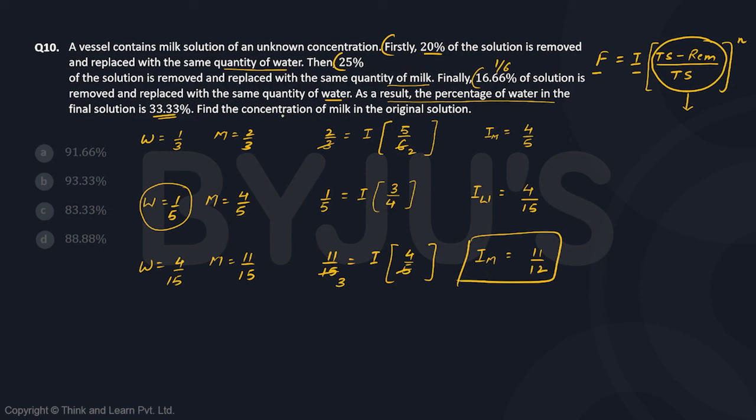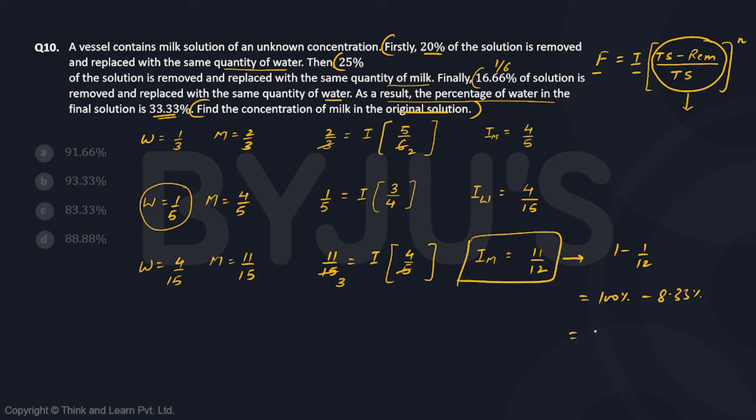Now let's see what we have to find out. The last statement says to find the concentration of milk in the original solution. We have already got the fraction of milk, and now we can convert this into its percentage equivalent. 11/12, you must remember, you can write as 1 minus 1/12. 1 is 100%, and 1/12 is 8.33 percent.